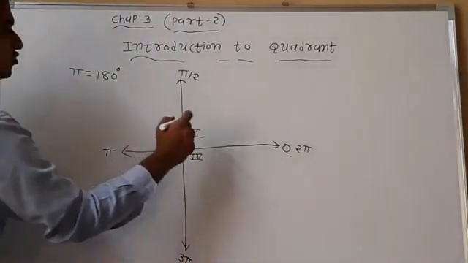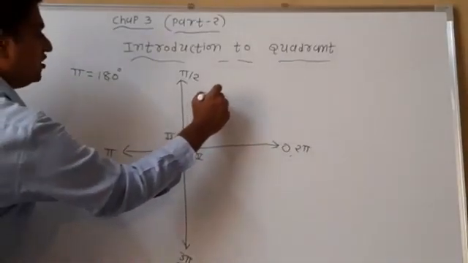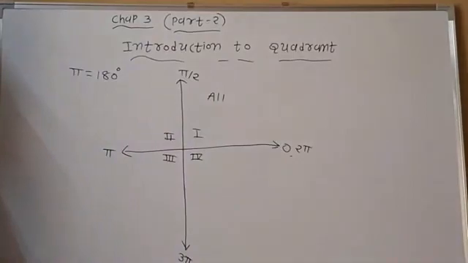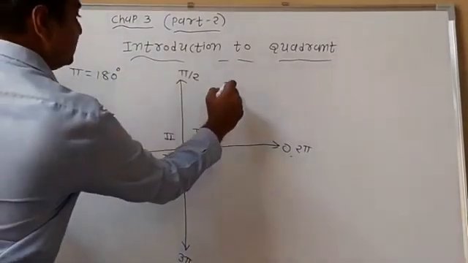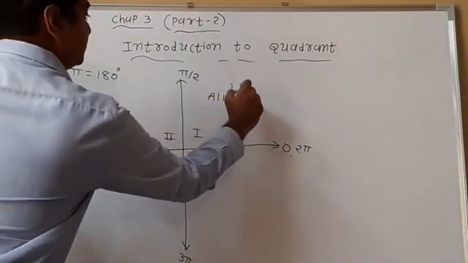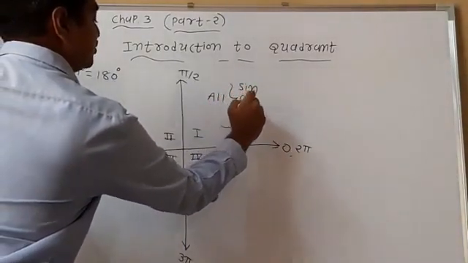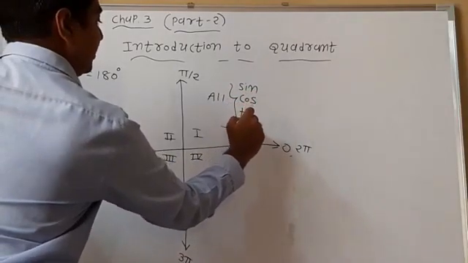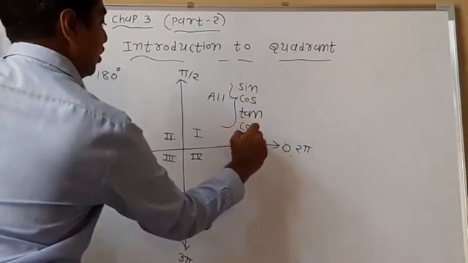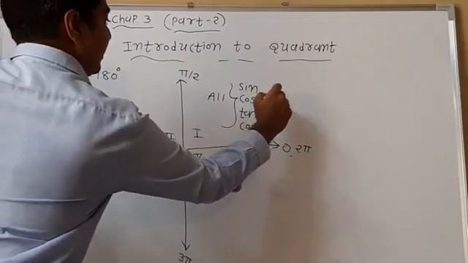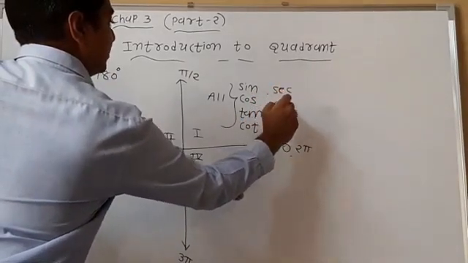Now in the first quadrant, all the trigonometric functions are positive. That means sine function, cos function, tan, cot, sec and cosec.